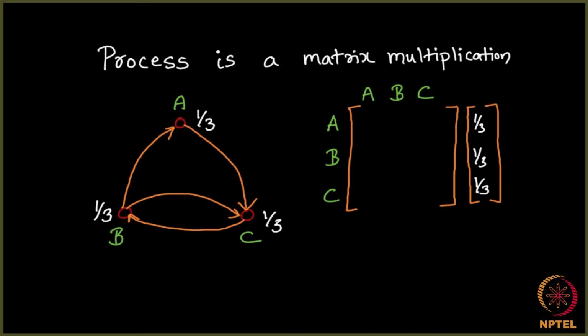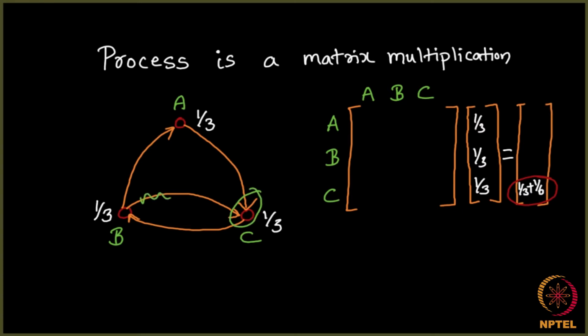So we start as 1 by 3, 1 by 3, 1 by 3, and what I need is the next vector, whatever I'm going to get. And what is that? As you all know, the value of A, B, C will respectively be so much. We start with C being 1 by 3 plus 1 by 6. Why is that? That's because you have this C here.